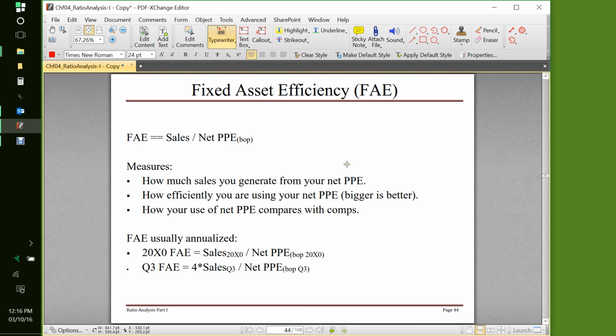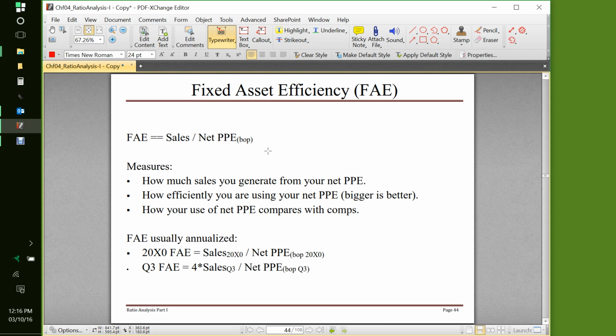All right. Next ratio up is our fixed asset efficiency ratio, and that's defined to be sales in the period divided by net PPE at the beginning of the period. And this is very much like the asset efficiency ratio, right?